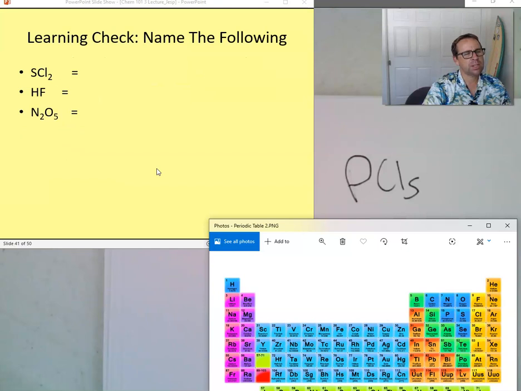Okay, so we're going to skip that one. Let's do these ones right here. Here are some molecular compounds. What is the name of that first compound?